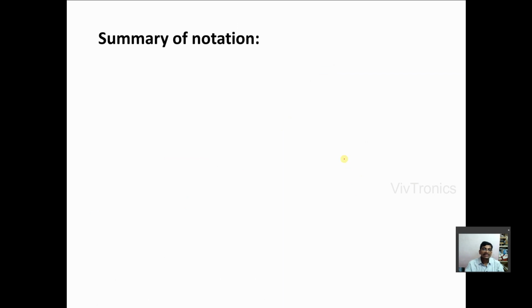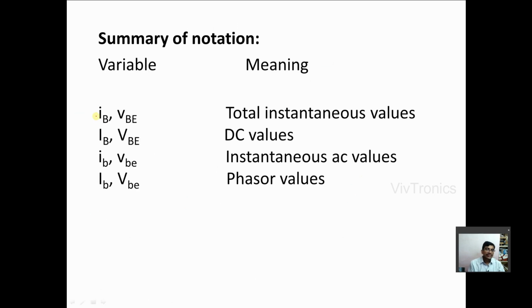Let us see the summary of the notations we are going to use in this entire subject. If the main notation is in small letter and the suffix is in capital, it gives the total instantaneous values. If the main notation is a capital letter and the suffix is also a capital letter, this notation is used for DC values. If all notation terms are small, like i b, v be, that represents the instantaneous pure AC values.